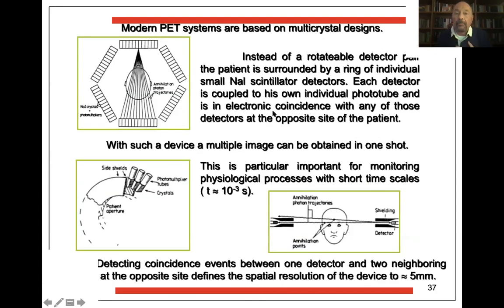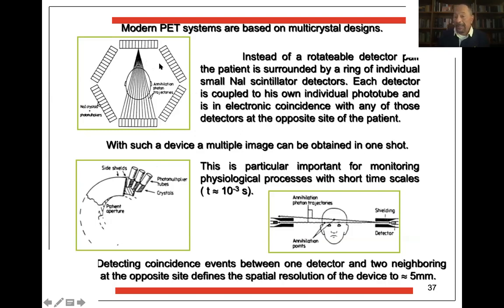Now, modern PET scanners generally use a ring of individual small sodium iodide scintillator detectors. Each detector is coupled to its own photomultiplier tube. You see, you have the crystal and you have the photomultiplier tube. So you need a lot of detectors.